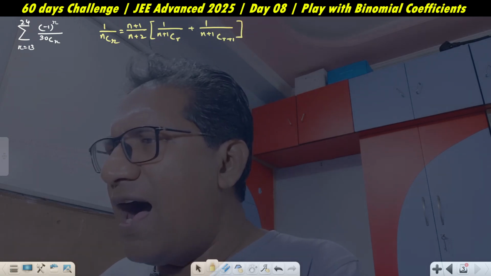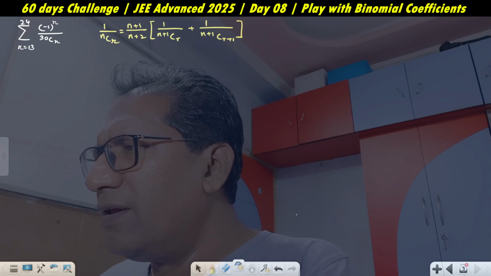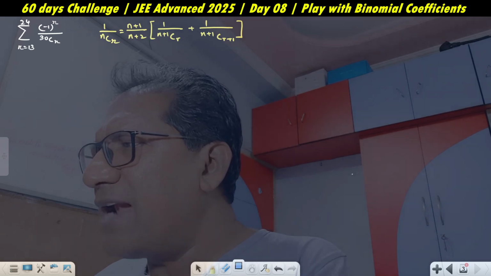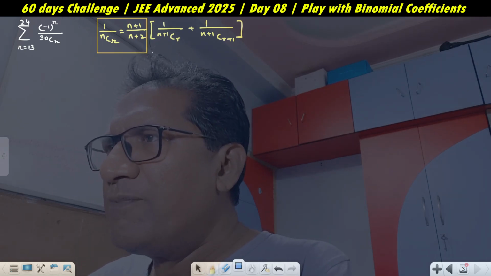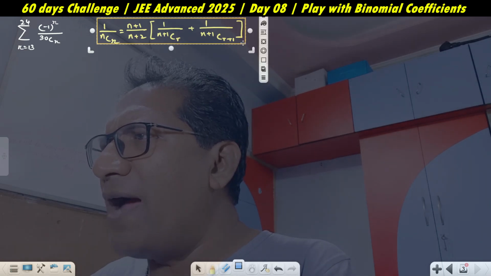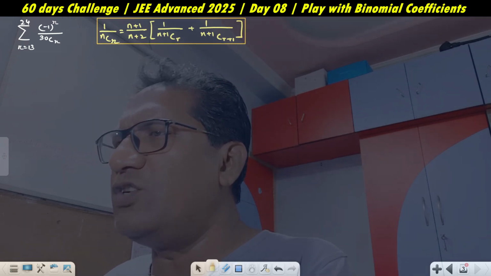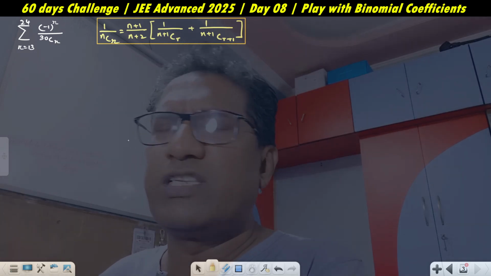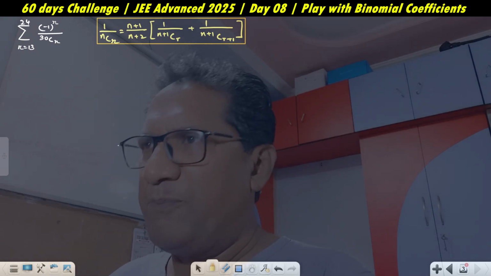This is a very important formula that we have to remember. Whenever you find that the binomial coefficient is in the denominator, we must use this one to solve it quickly.